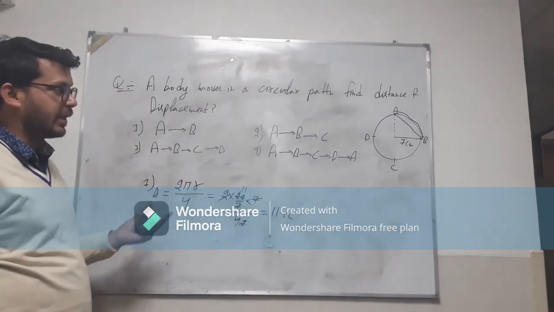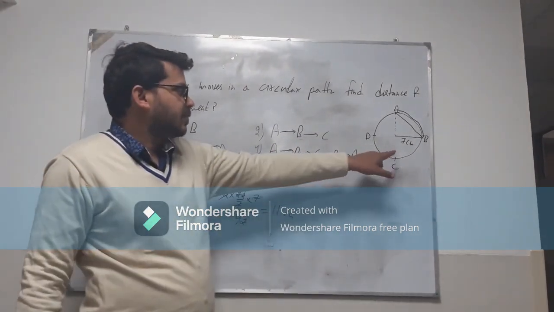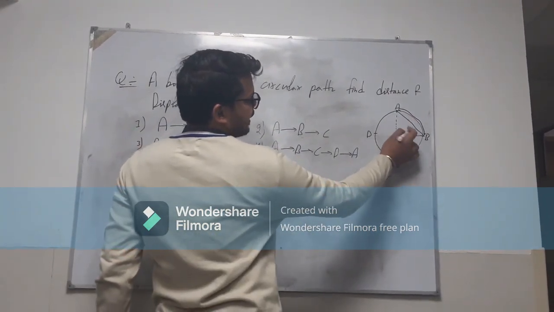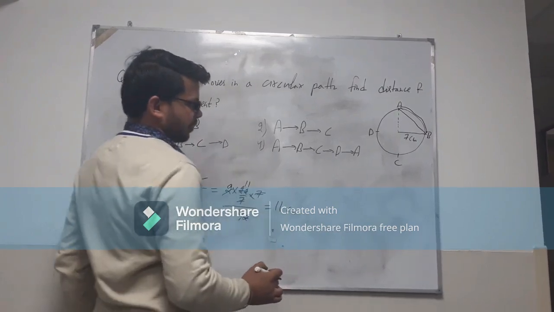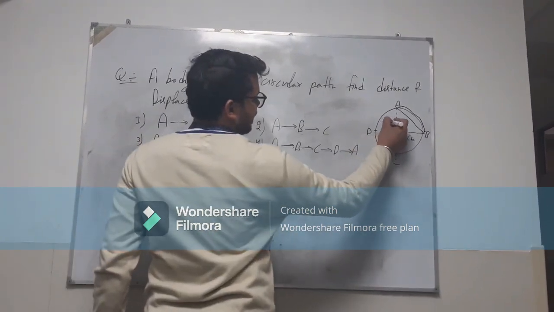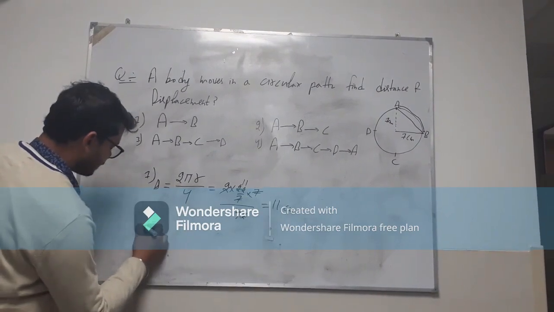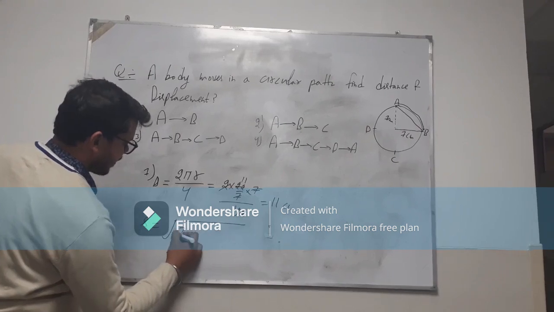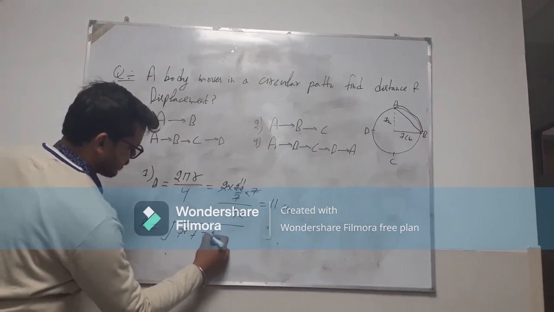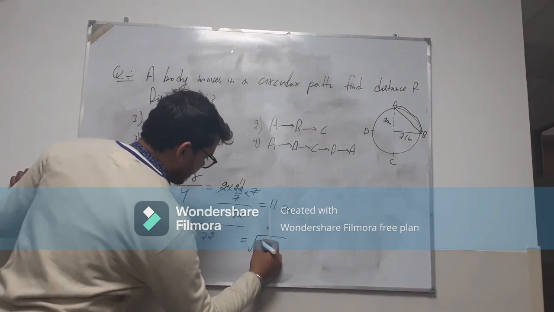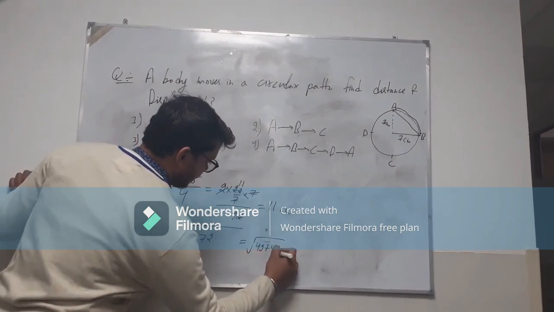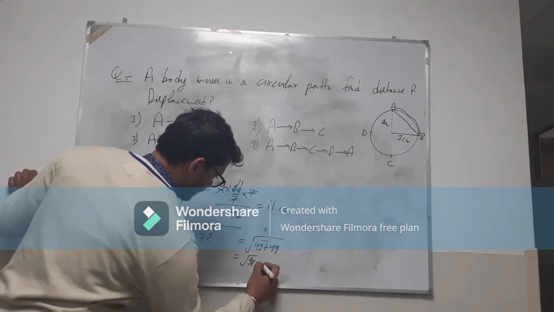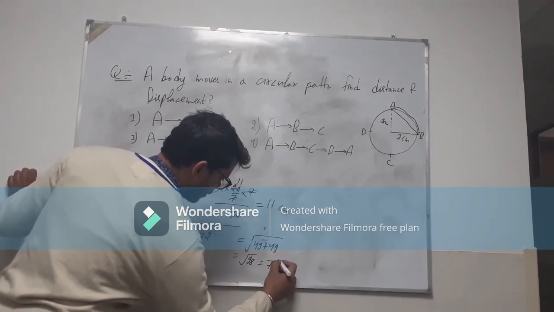Now we want to calculate displacement. I told you displacement is the shortest path. What is this? This is 90 degrees. This is like the Pythagoras theorem. If this is 7, this will also be 7. So by Pythagoras, 7 square plus 7 square, that means 49 plus 49, equal to 98, which is approximately 7 root 2.